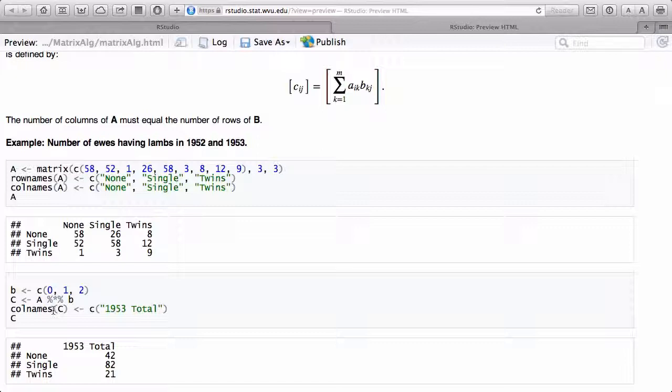If I have a 3 by 3 matrix and multiply it by a vector that's 3 by 1, I get a 3 by 1. In general, if I multiply an A by B matrix times a B by C matrix, I get an A by C matrix.